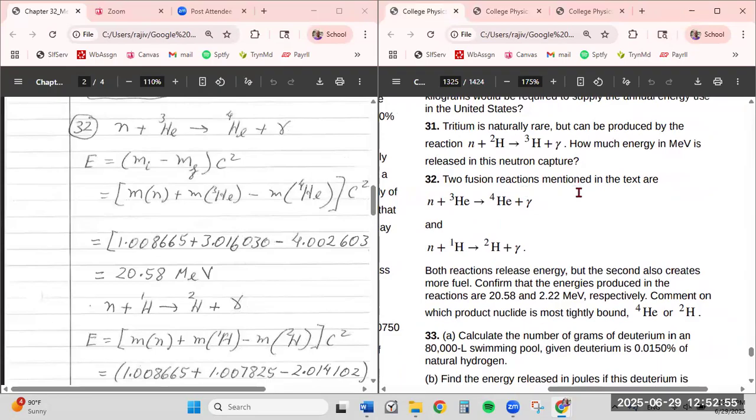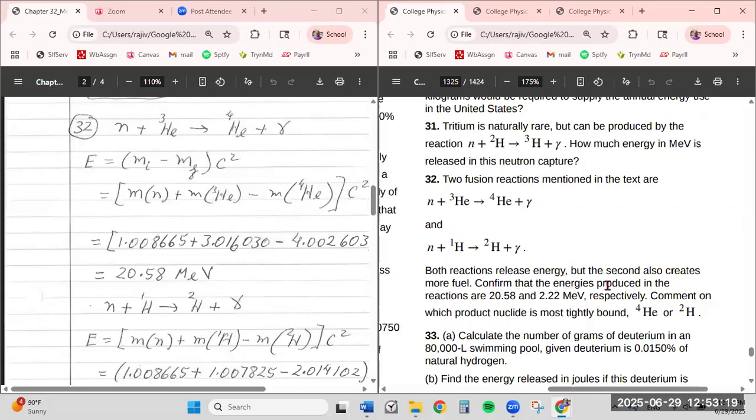Two fusion reactions mentioned in the text are neutron plus helium-3 fusing to give you helium-4 and a gamma photon, and neutron plus hydrogen gives you deuterium plus a gamma photon.